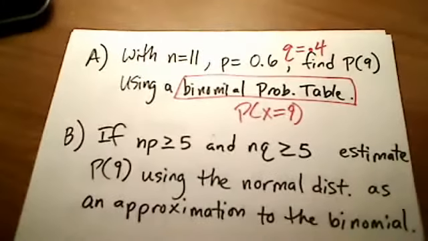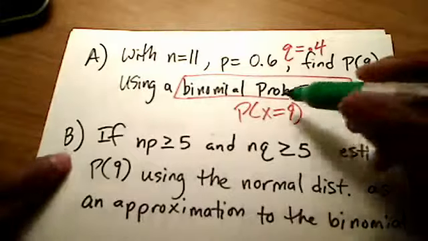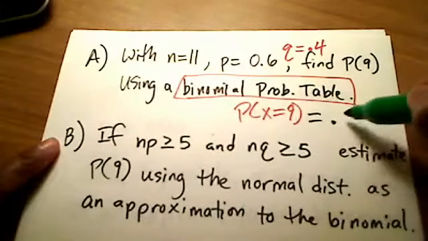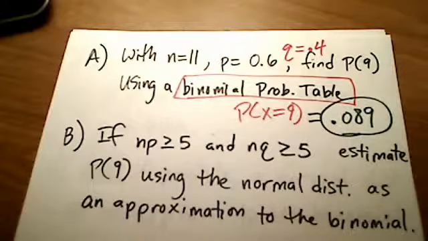I know you can't read that number, but it says 0.089. So using a table, the binomial probability for x equal to 9 is exactly 0.089. That wasn't too bad, just looking it up on the table.